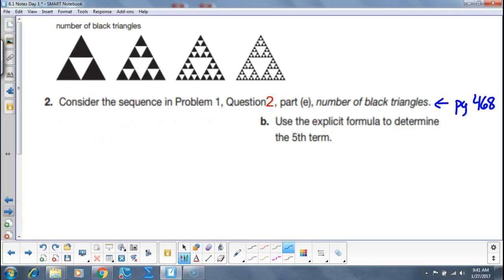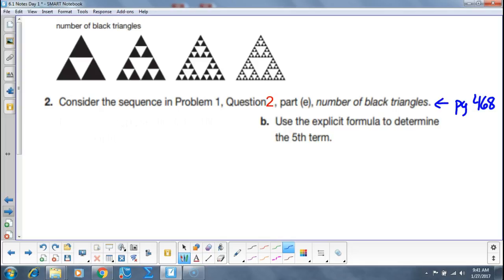Now we're talking triangles. So now I think this one's on there too somewhere, isn't it? It's a page back. Wait, hold on. Number 2.